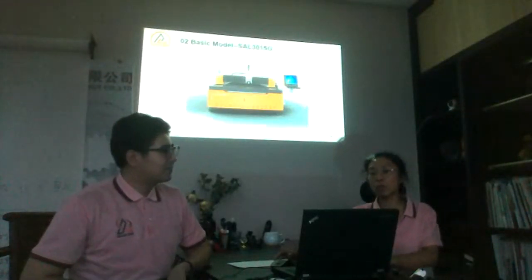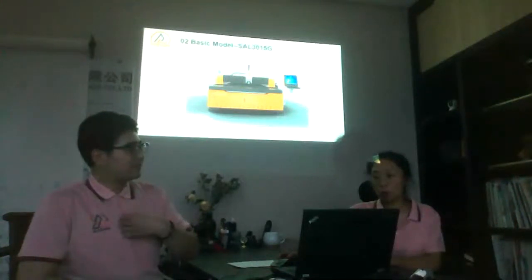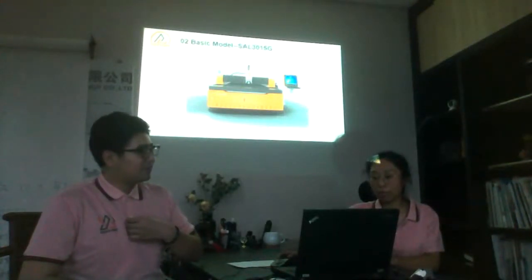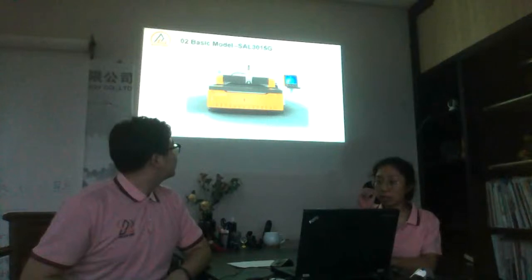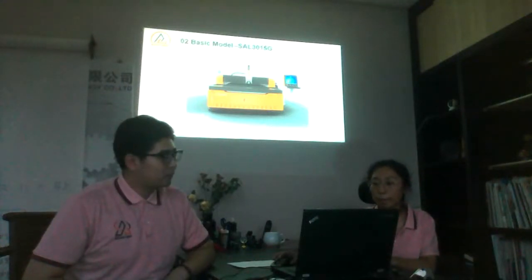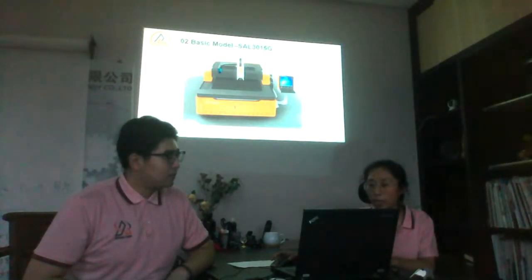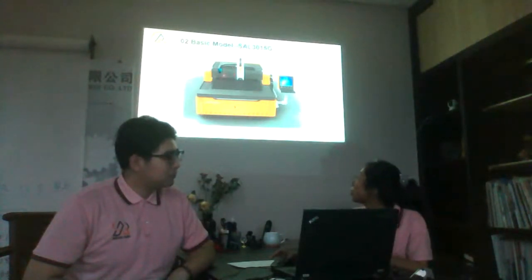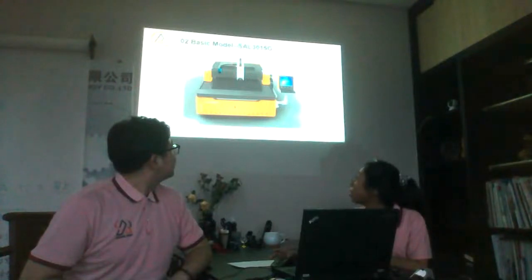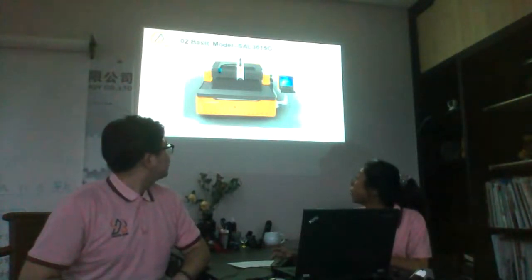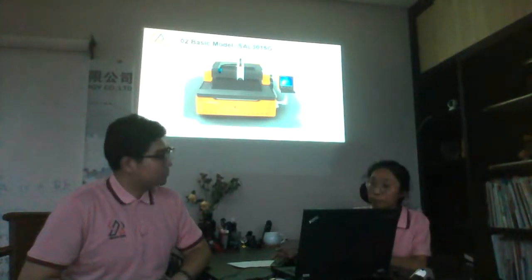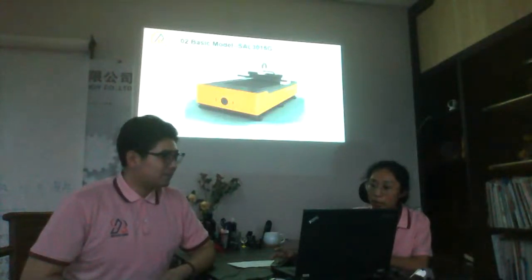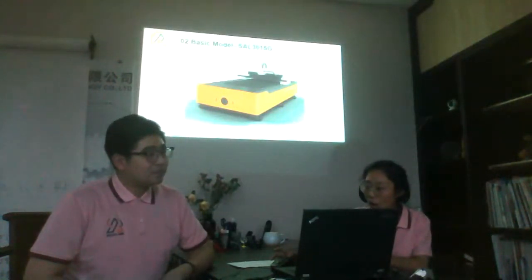This is also the base model, the SL3015G, and we can see the beam, the laser head, the control panel, and the work table.